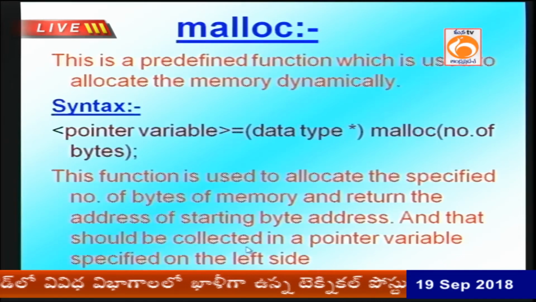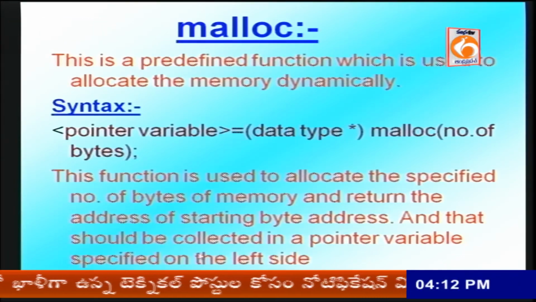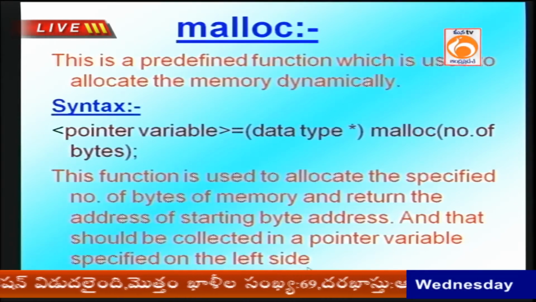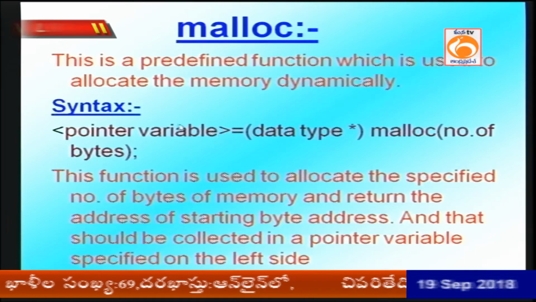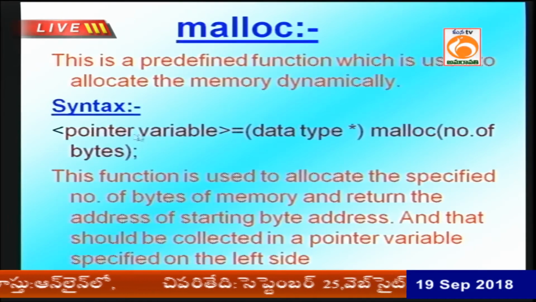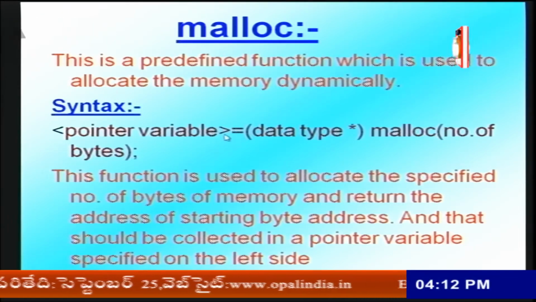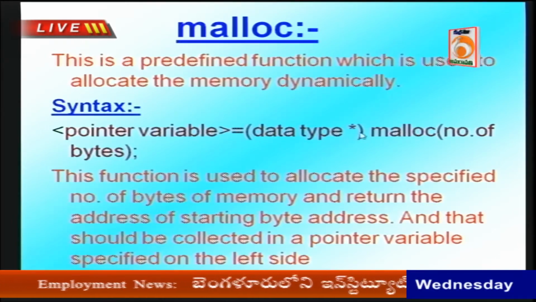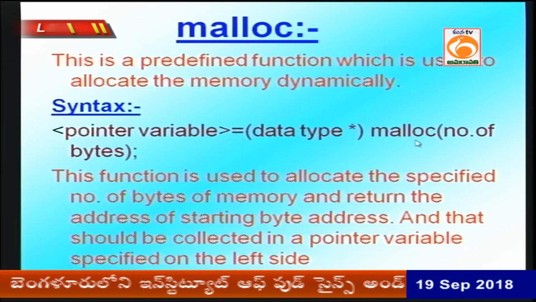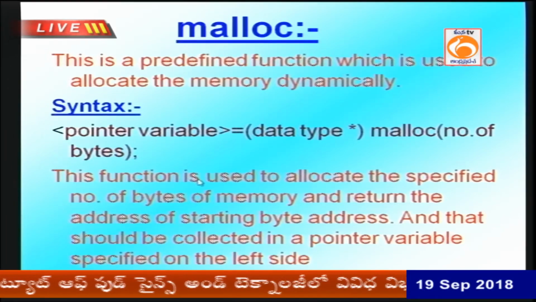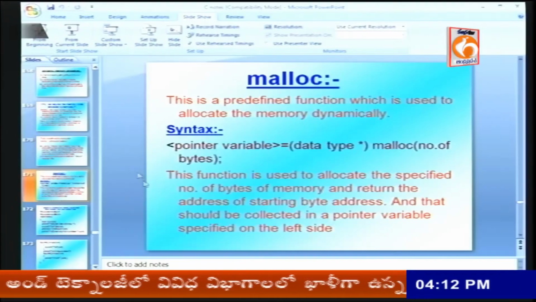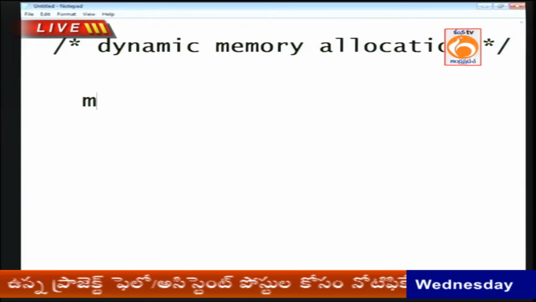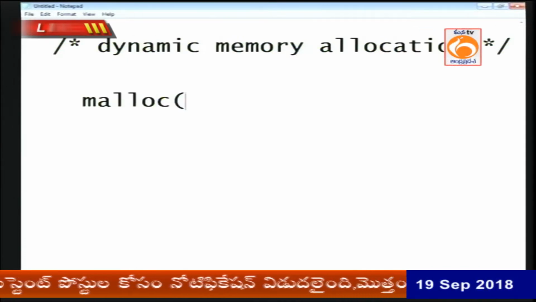This should be collected into a pointer variable, specified on the left side. What is the syntax of malloc? You observe: pointer variable on the left side, data type star on the right side. What type of pointer? malloc, number of bytes, how much memory you require.